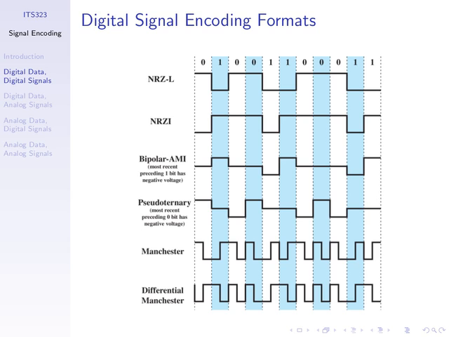Why do we have different ones? They have different characteristics. Often the receiver needs to know when does the first bit start and when does the next bit start. The timing or synchronization is important. That is, the clock of the receiver, even if there's some difference from the transmitter's clock, it needs to know when is the first bit.